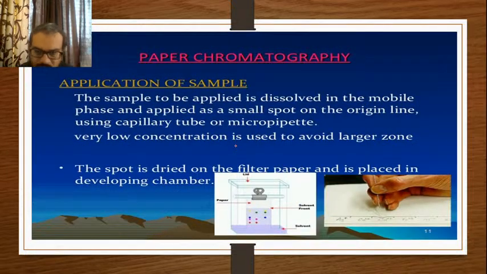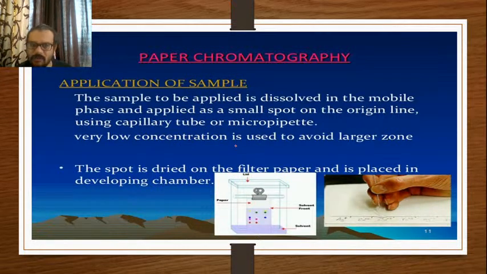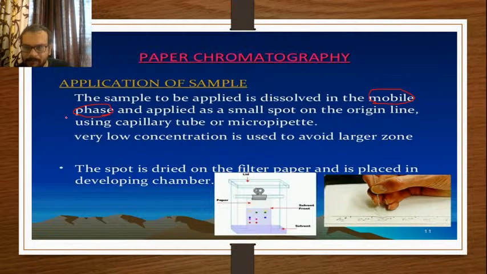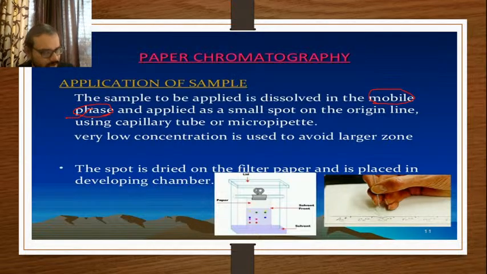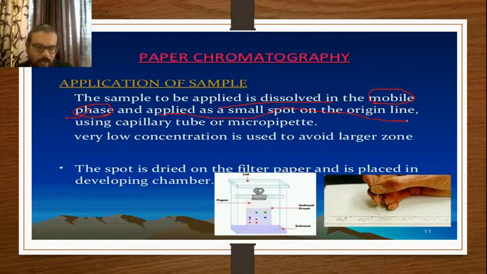Now, how are you going to apply the sample? The sample to be applied is dissolved in a solvent, not a mobile phase. It may be a constituent of your mobile phase or it may not be. The sample needs to be dissolved in the solvent and applied as a small spot on the origin line.